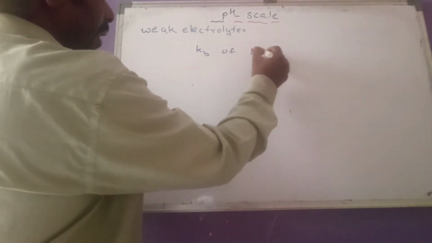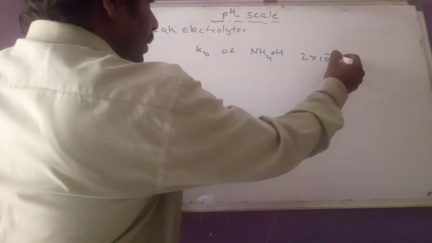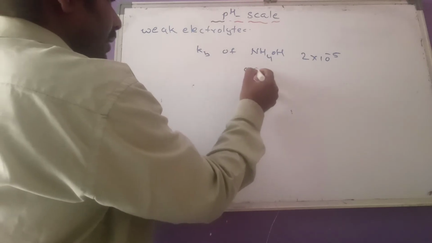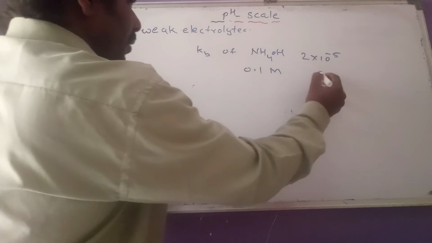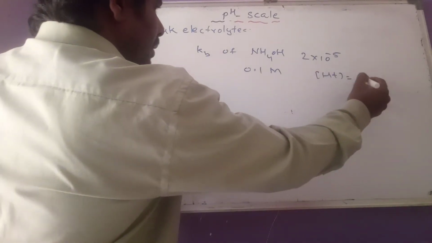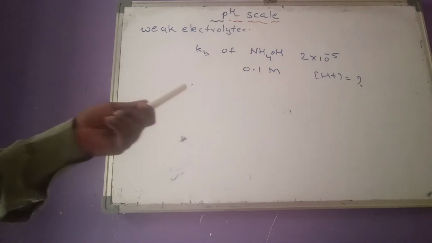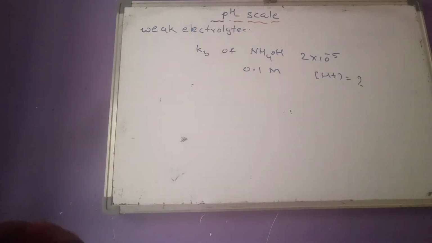Kb of NH4OH is 2 into 10 power minus 5, and its concentration is 0.1 M. Therefore, what is the proton concentration present in NH4OH? Even though that is a base, it should also have some proton concentration. We have to calculate the proton concentration, and we can also calculate the pH.